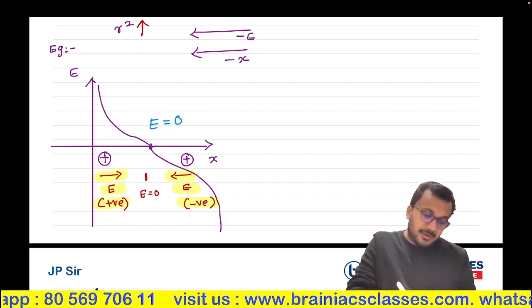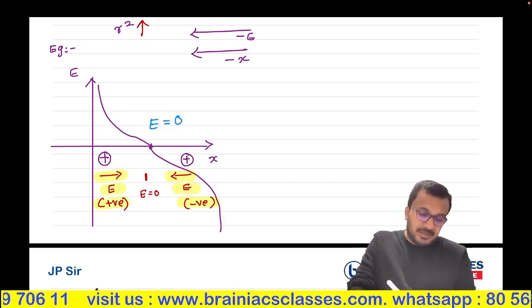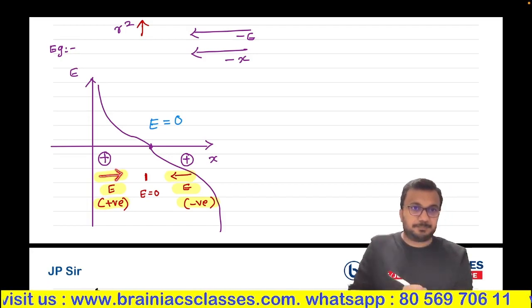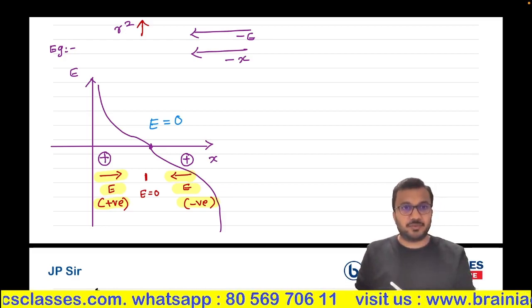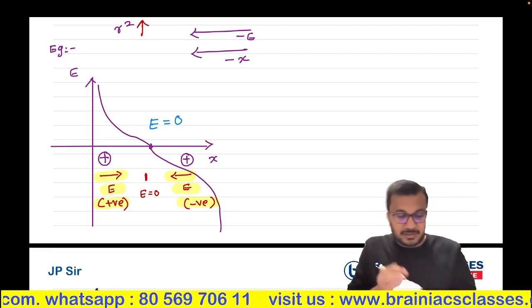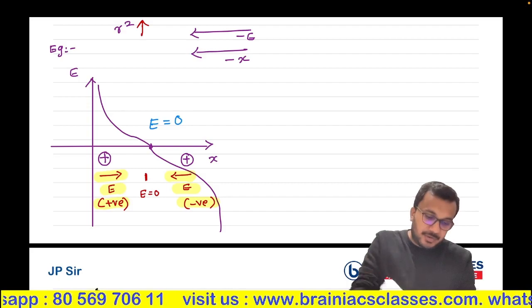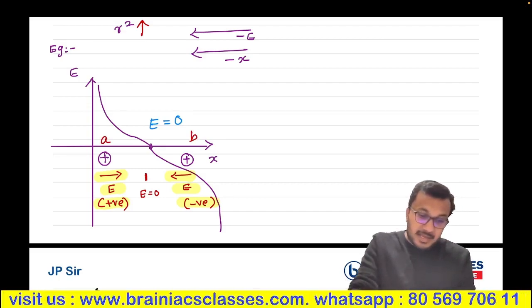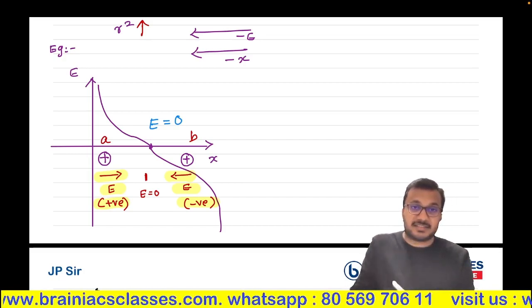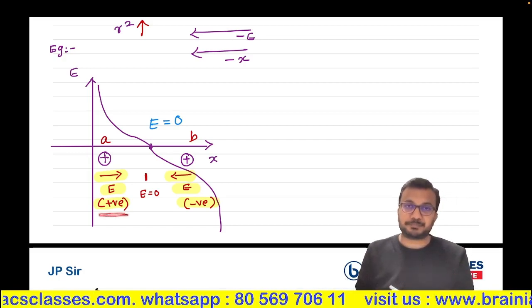See here, due to the positive charge, electric field lines are going like this, and this electric field is positive. Why? Because we are moving from A to B, and from A to B the electric field is positive.